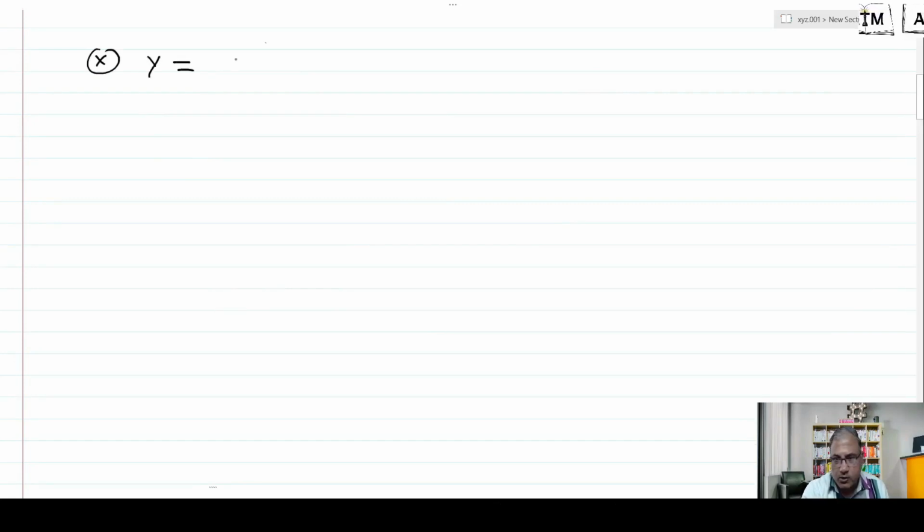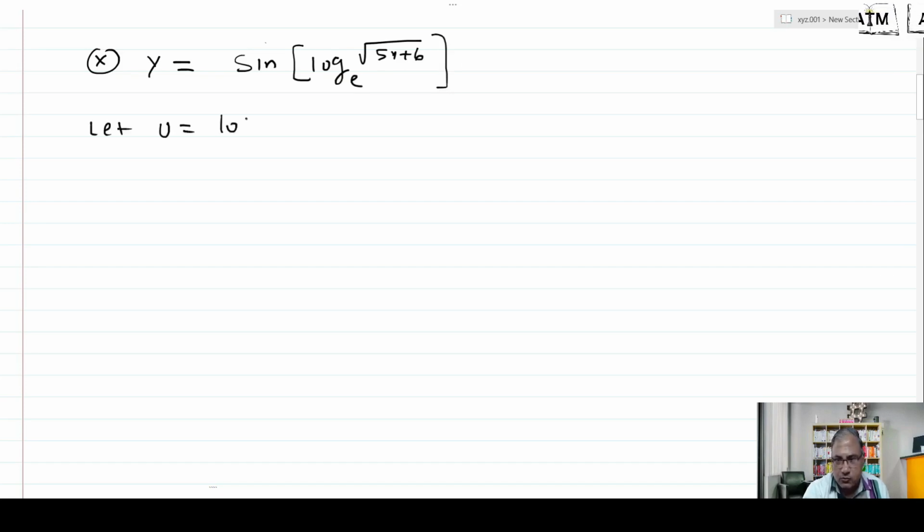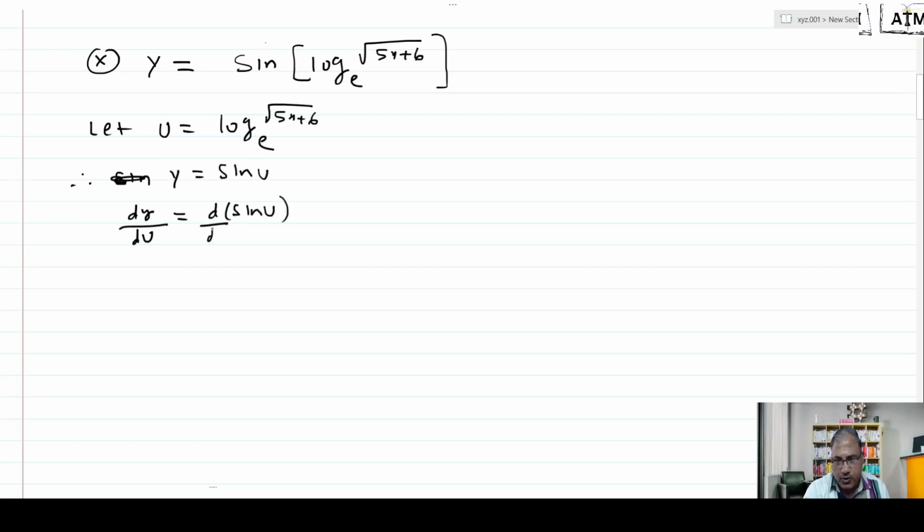Next example: y equals sine of log of root (5x plus 6) to the base e. Step number 1, let u equal log of root (5x plus 6) to the base e. Therefore, y equals sine u. dy by du equals the derivative of sine u with respect to u, which equals cos u.